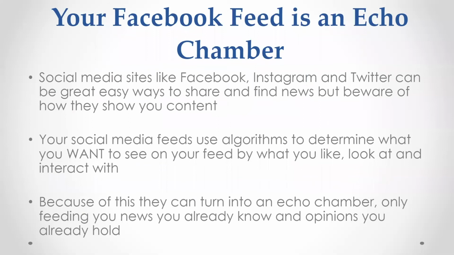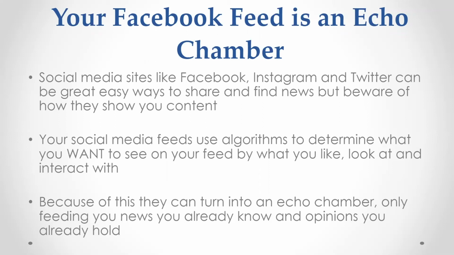All right, so next I will be talking about the echo chamber. So social media sites such as Facebook, Instagram, and Twitter are really easy ways to share and find news. However, there is a problem with the kind of content that these sites will show you. For example, social media will feed us algorithms that determine what we want to see on our feed.